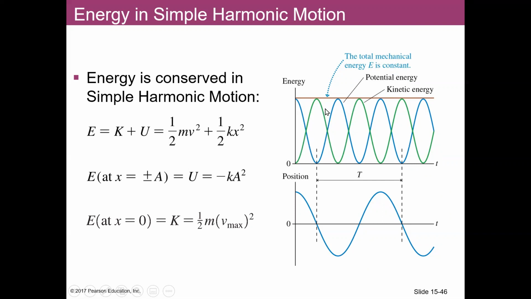So the energy is always positive, but it's always switching between these squared trigonometric terms. And then sure enough, we see in a period T, the energy goes back to its initial value.